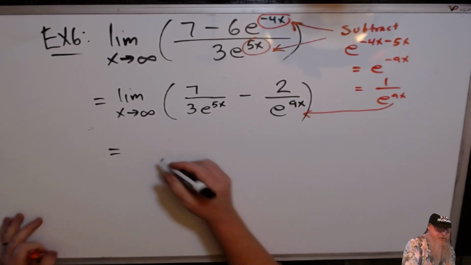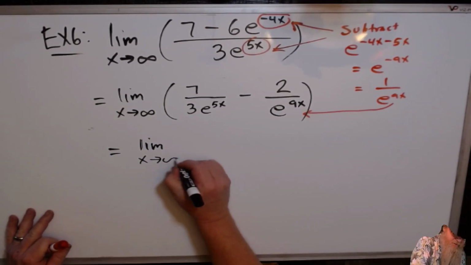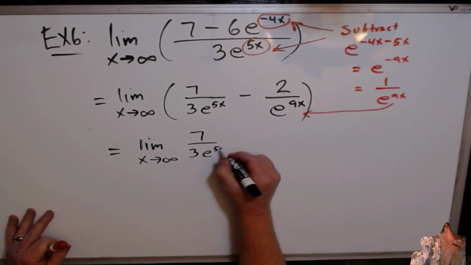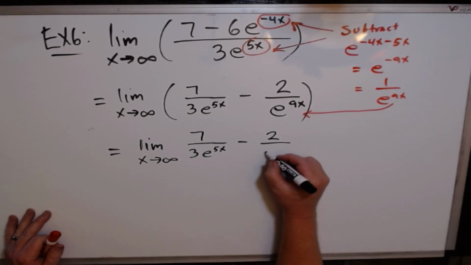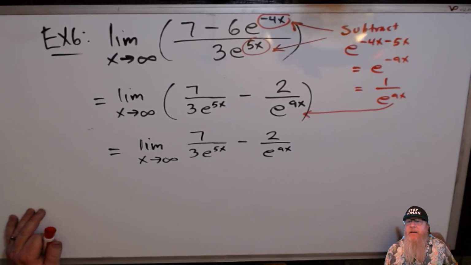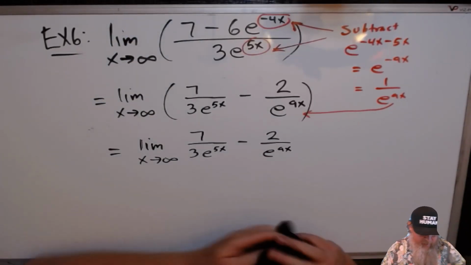All right, now we're going to distribute the limit. So we've got the limit as x goes to infinity of 7 over 3e to the 5x minus 2 over e to the 9x. Oh, I forgot to distribute the limit.